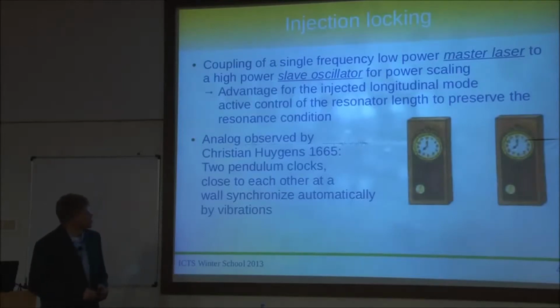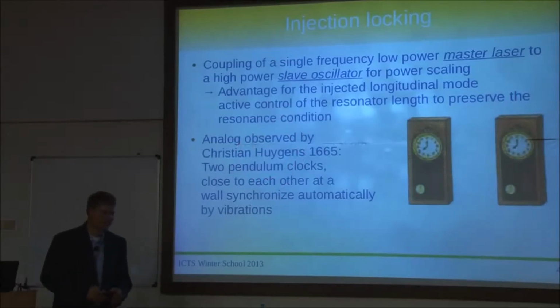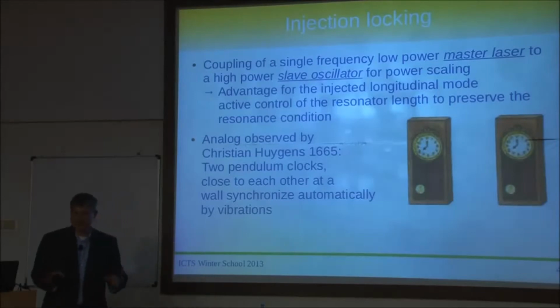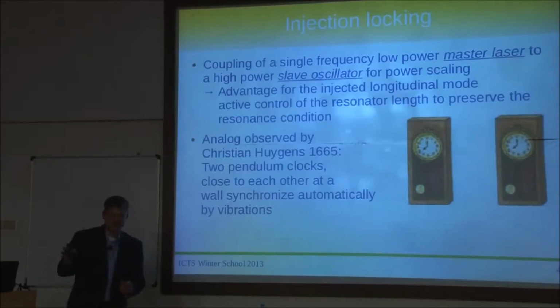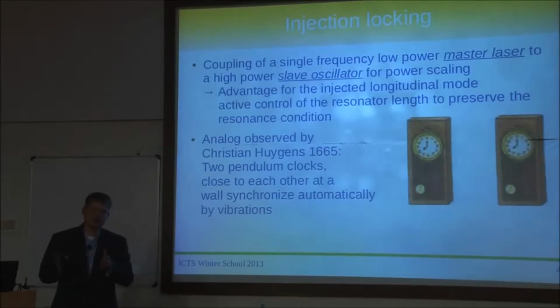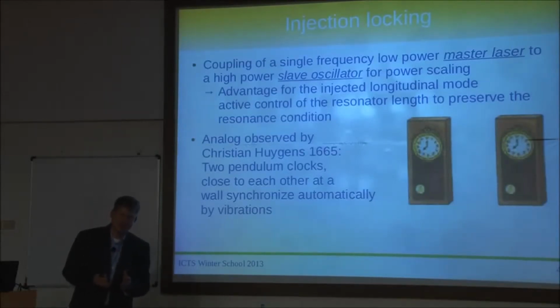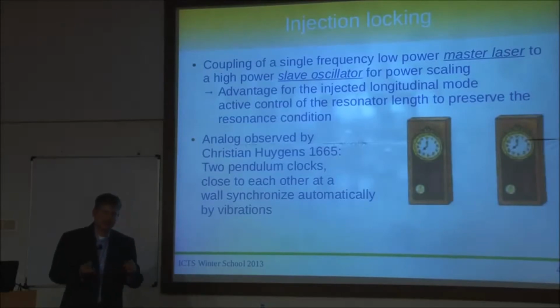And there's a story by Christian Huygens, who investigated that first. The story says that he was sometimes sick, lying in his bed, and there was a pendulum clock on the wall, and then he put another pendulum clock right next to it. What he observed is that if the frequencies of these two pendulums are kind of close to each other, then they would couple such that the frequency is eventually the same after a certain while.